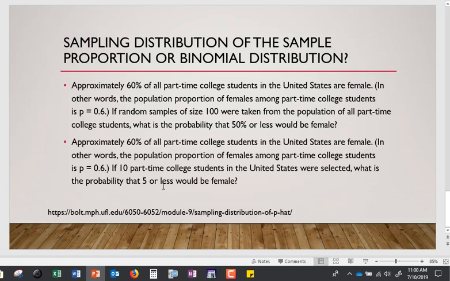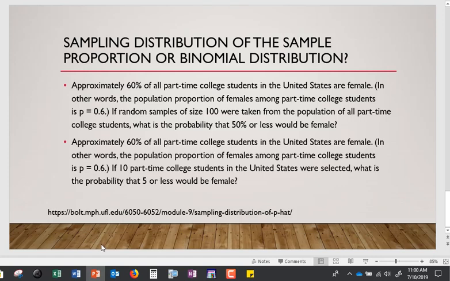The other one says if 10 part-time college students in the United States are selected, what's the probability that 5 or less would be female? So both of these have proportions in them. We need to determine which one is a sampling distribution problem and which one is a binomial problem.